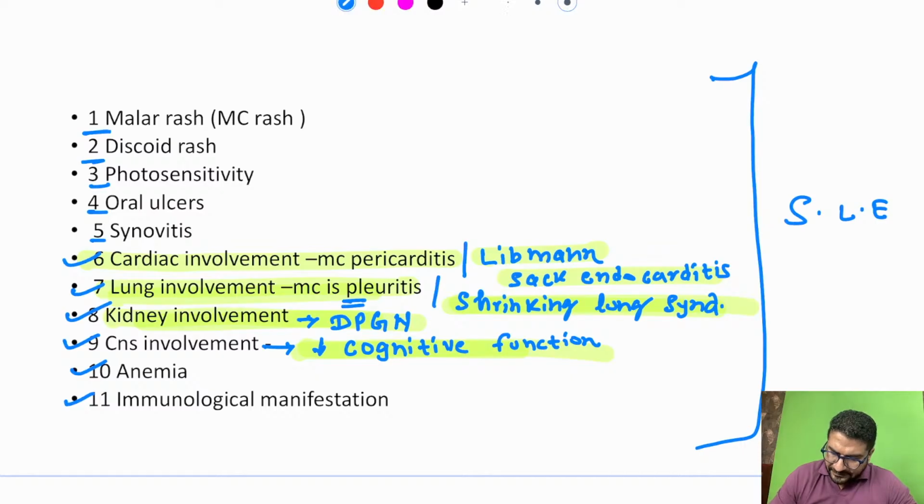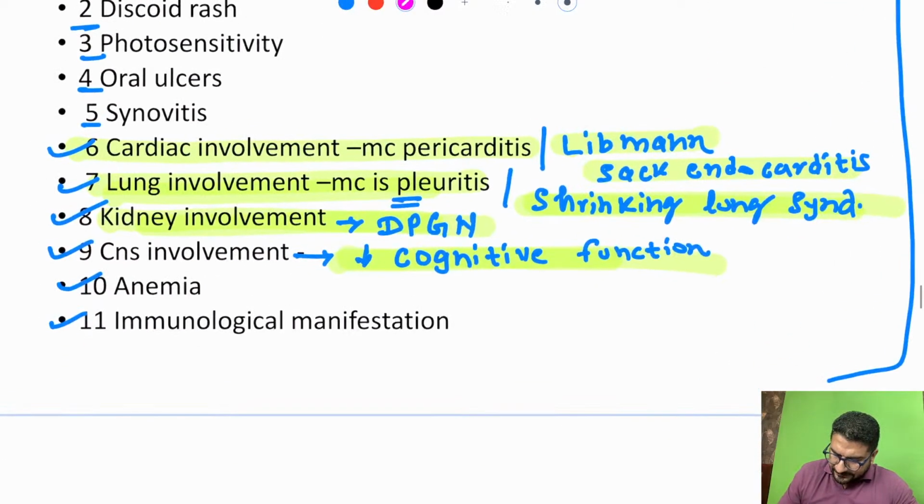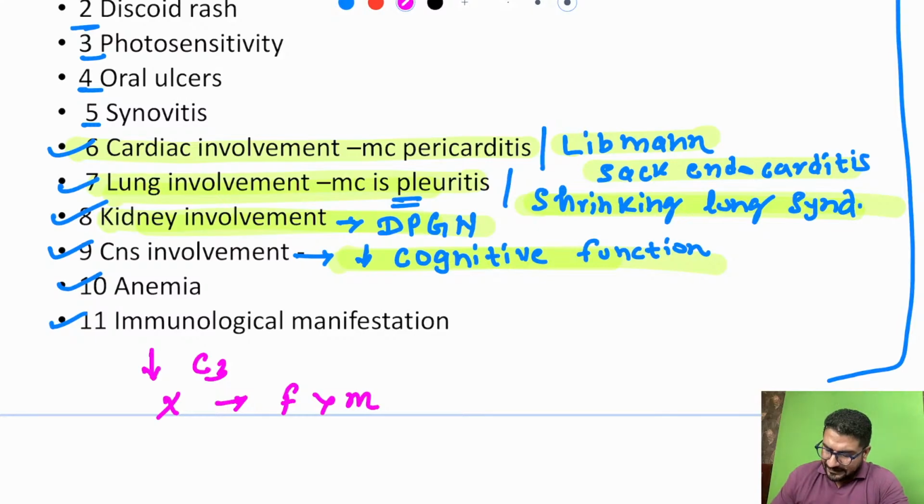What are some new things which they ask on SLE? Understand this. There is low activity of C3, and there is some link of the X chromosome. This is why SLE is more in females. If you talk about males, it mainly affects Klinefelter males. Why Klinefelter?